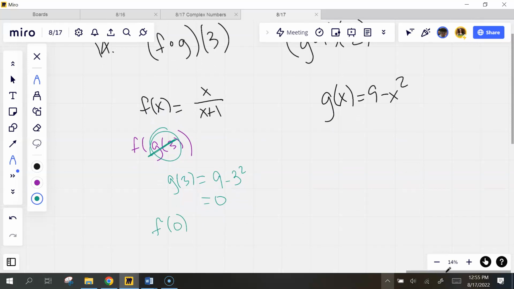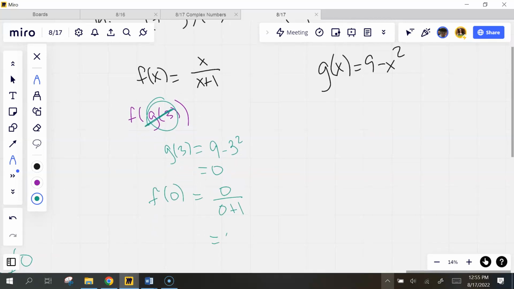So what's f of 0? 0. So f of g of 3 is 0. For this one you don't have to find the domain. This is the one where you work inside out, furthest inside first and then work to the outside.